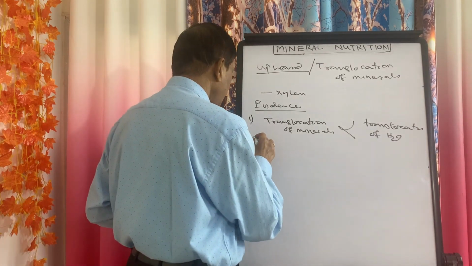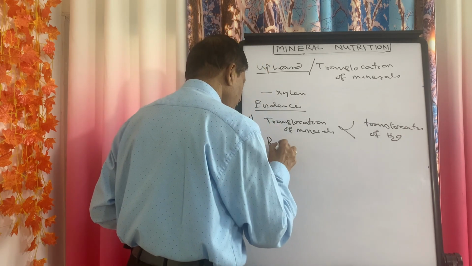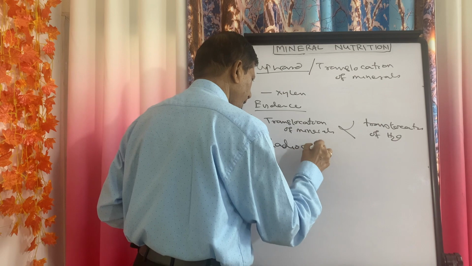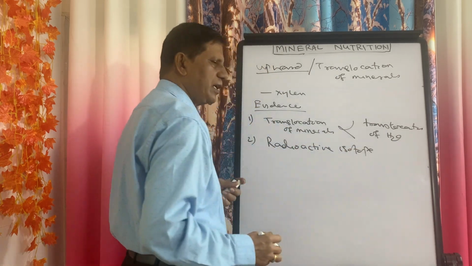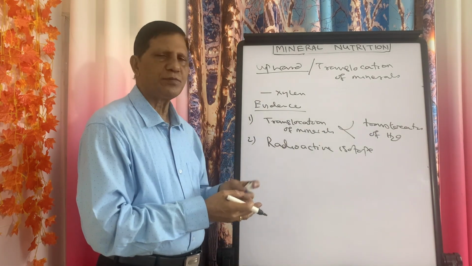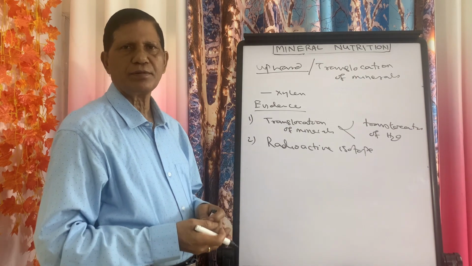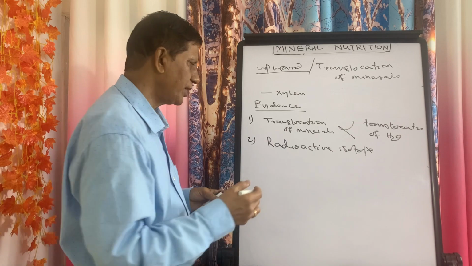The second evidence we can take is the radioactive isotope. Suppose we give some radioactive isotope in the soil solution, and that is found in the xylem sap. That is clear-cut evidence that minerals are moving through the xylem.